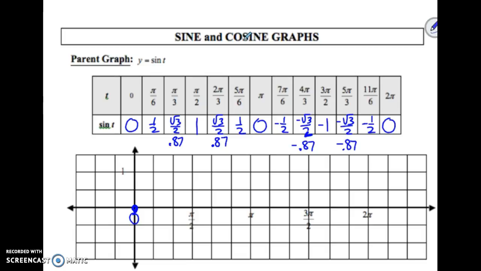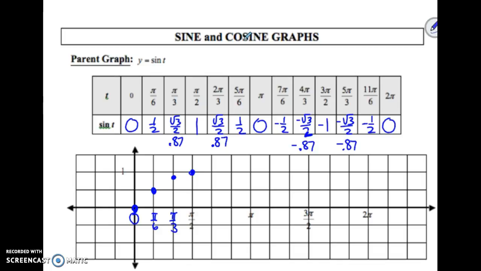When t is pi over 6, which would be our first unit over, we're at 1/2. This is pi over 6. When t is pi over 3, we're counting by pi over 6 here, so each unit is 1 pi over 6. When we're at pi over 3, we're at about 0.87, so not quite up to 1. And then at pi over 2, we are at 1.